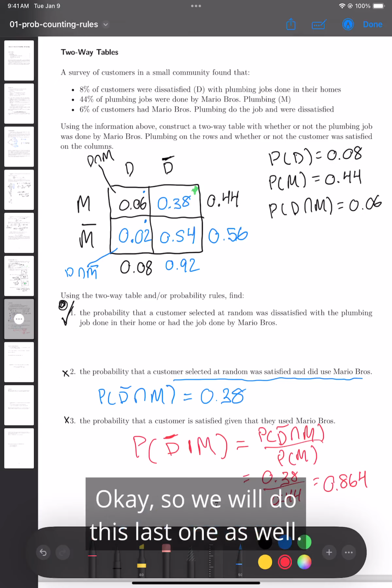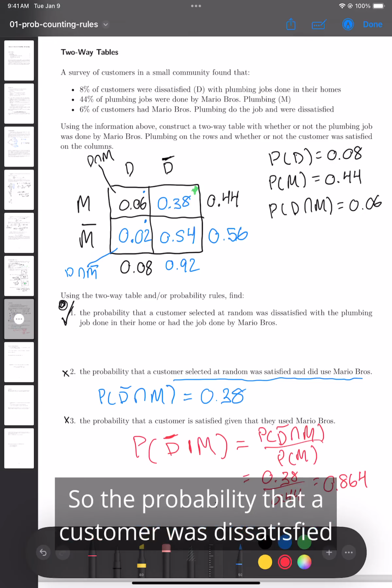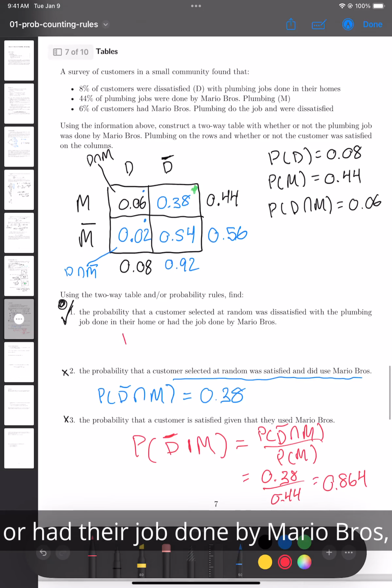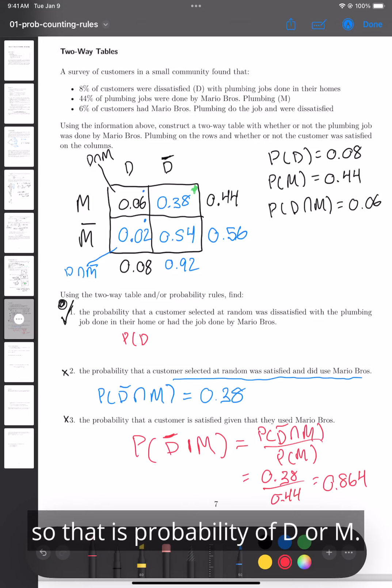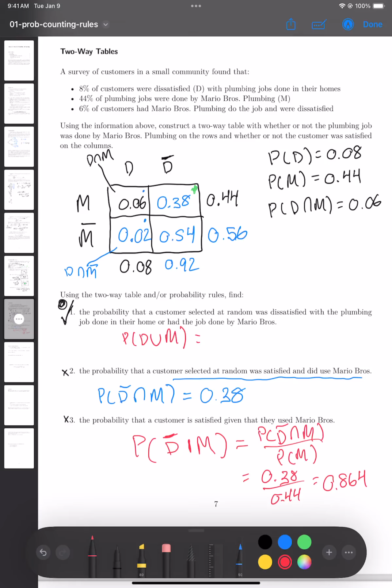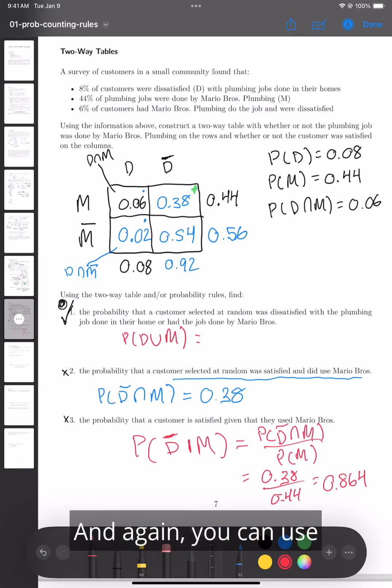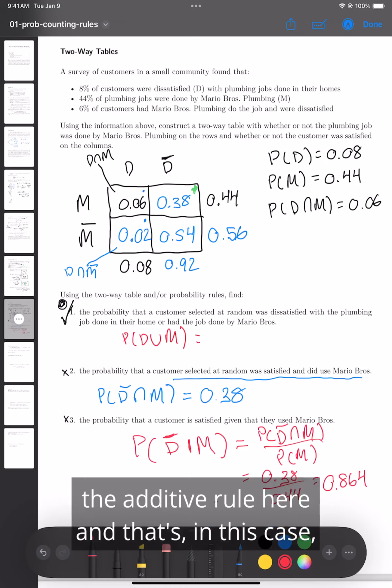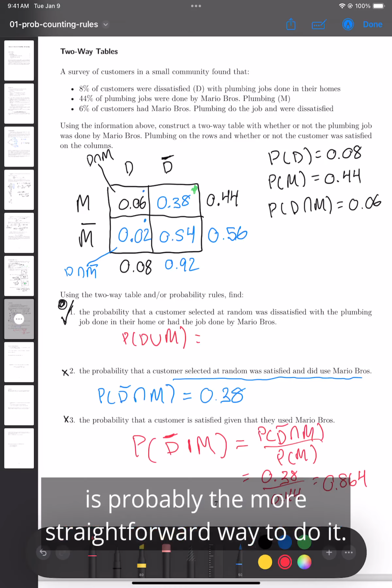Okay, so we will do this last one as well. The probability that a customer was dissatisfied or had their job done by Mario Bros. So that is the probability of D or M. And again, you can use the additive rule here, and in this case that's probably the more straightforward way to do it.